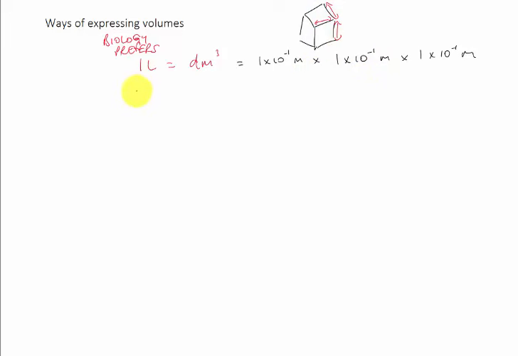Now there are other volumes as well that we use in biology quite frequently, so we've got a milliliter, and that's equal to 1 centimeter cubed. So in that case, that's 1 times 10 to the minus 2 meters on each side of the cube.